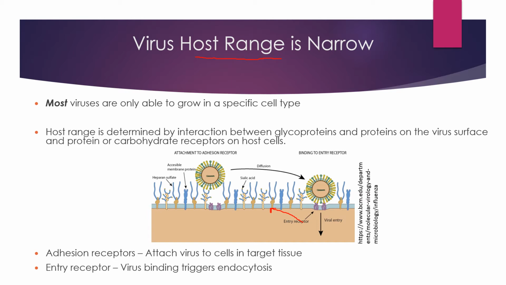Now, many viruses actually require two keys to start an infection. The first is called an adhesion receptor. The virus uses this to actually attach to the cell's membrane. And for these types of viruses, just the binding of the virus to the adhesion receptor brings the virus close enough to bind a second receptor called the entry receptor.